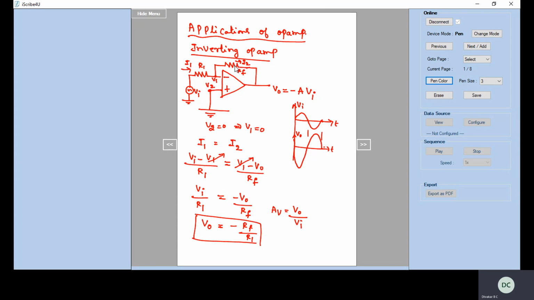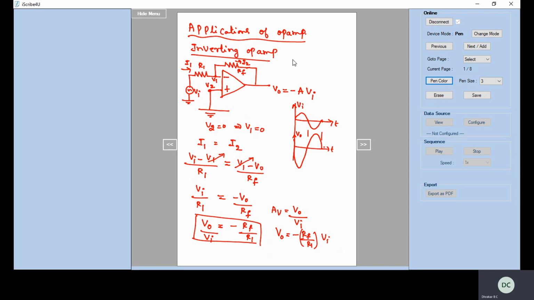Here, the negative sign indicates that the output voltage is out of phase with respect to input by 180 degree. And to write the output expression, V0 is equal to minus RF by R1 into Vi. So this is the output expression.